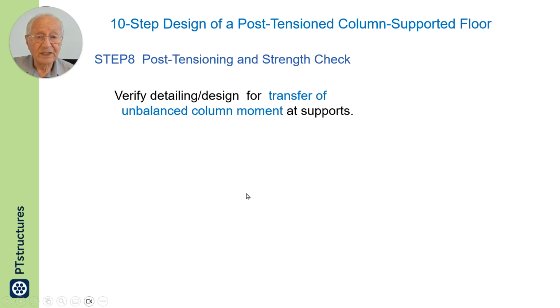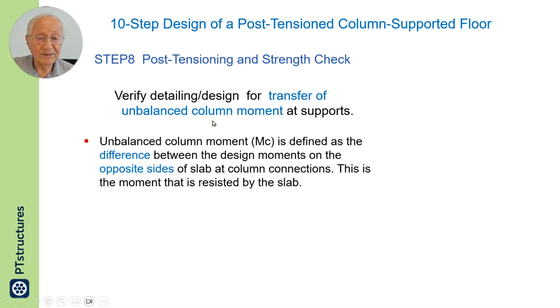We move into detailing. One requirement of detailing is a transfer of unbalanced column moment. Unbalanced column moment is defined as the difference between design moments on the opposite sides of the slab at column connections.